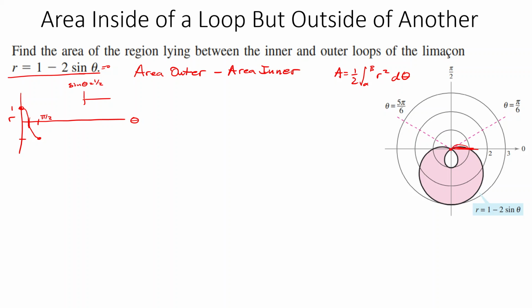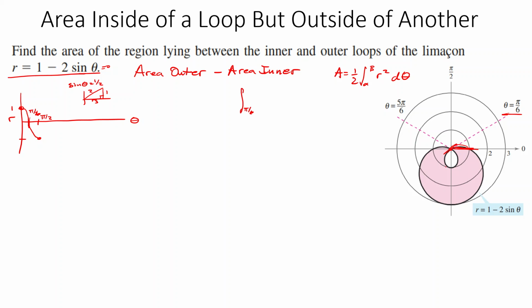So theta there, from the 1, 2, square root of 3 triangle, is pi over 6. So this starts at pi over 6, and that's where our inner loop starts.